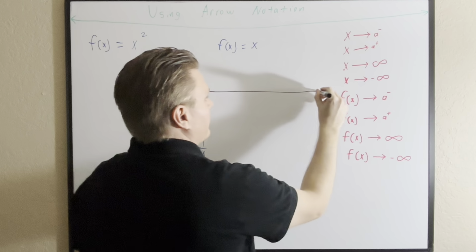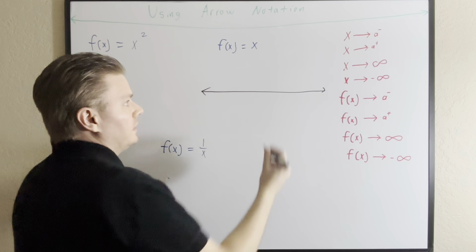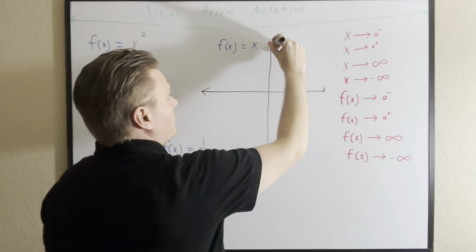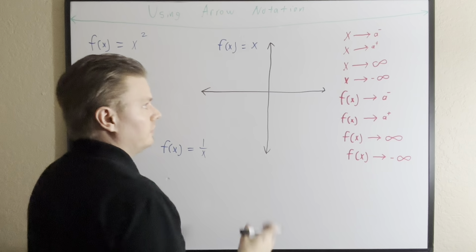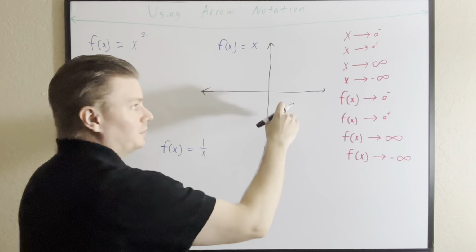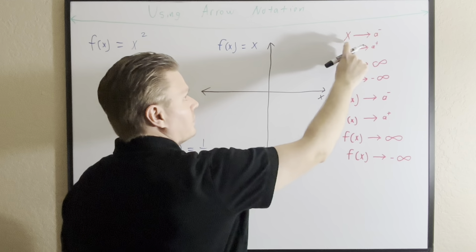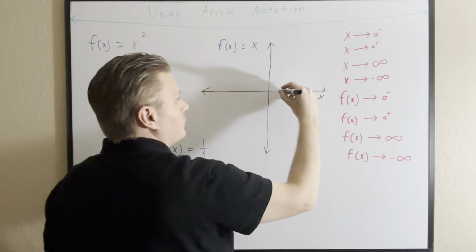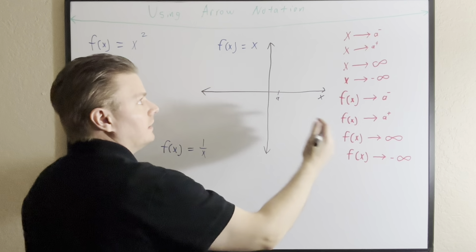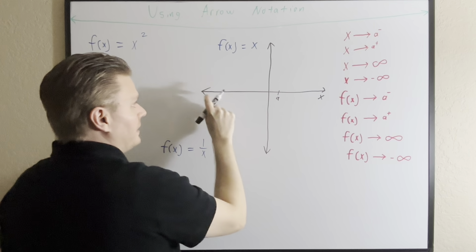Well, as always, I picture a number line. On the Cartesian coordinate plane, there's also the vertical, but mostly I'm just picturing the horizontal, because that's what the X coordinate is, right? That's the horizontal part. Well, A is one of those spots on that horizontal line. And as we're approaching A, because this whole thing is X, right?